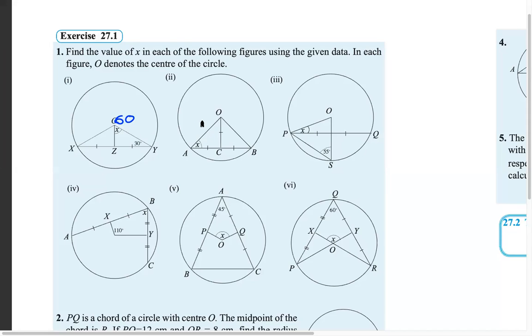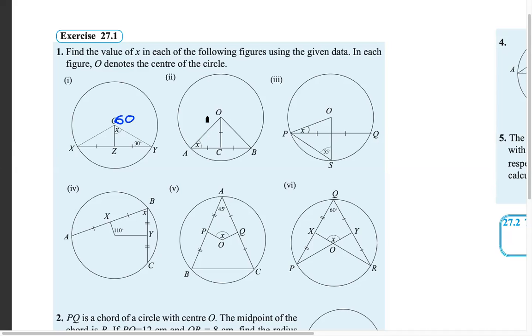And yes, Shalika, the value of x in here. Unmute and speak. The value of x in here.